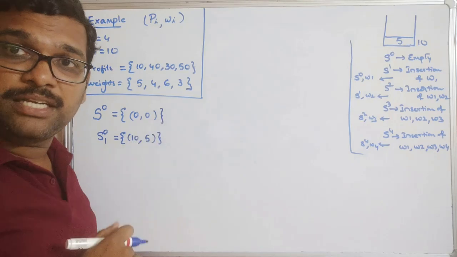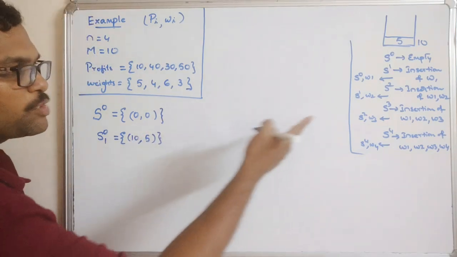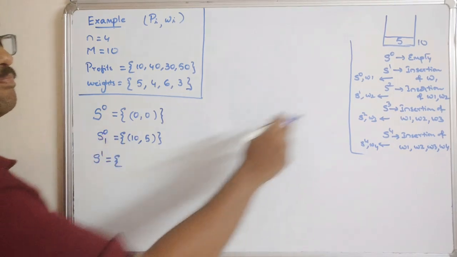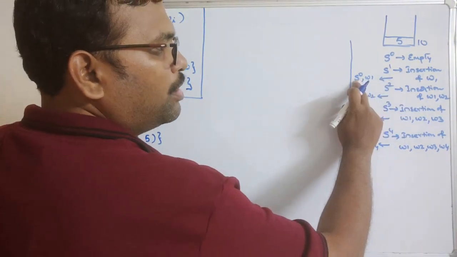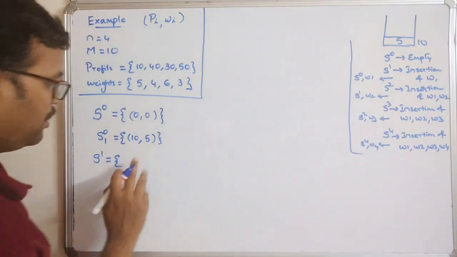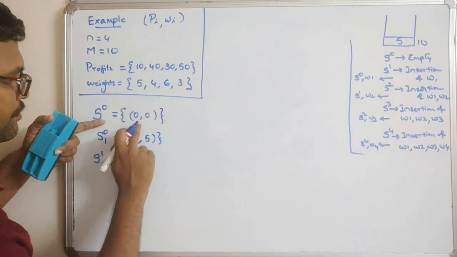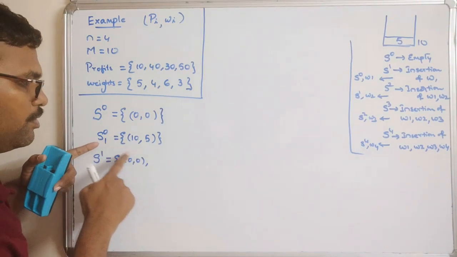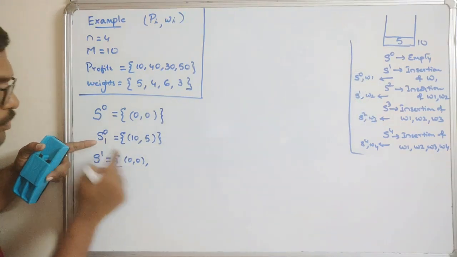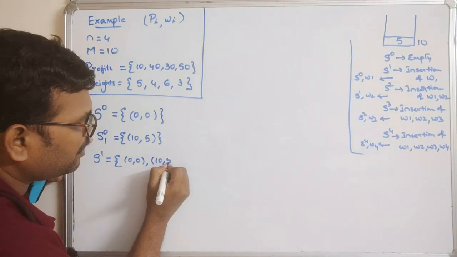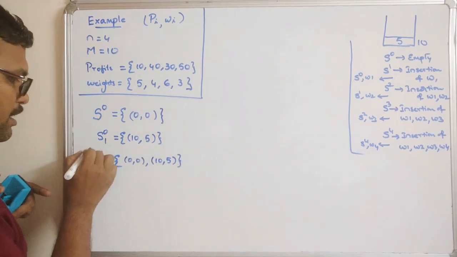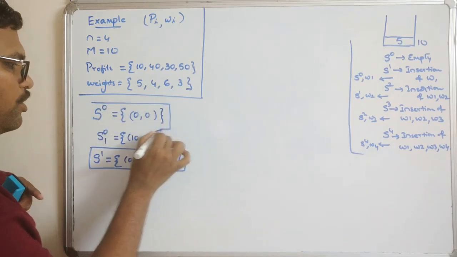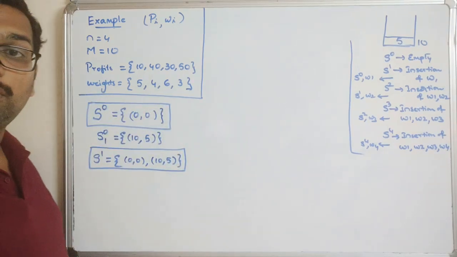Okay, we have inserted. Now what is S1? S1 will be, what is S1? S0 and W1. So S1 means, S0 means 0, 0. W1 means after insertion of one thing. So we are getting 10 and 5. So this is S1. Remember this one. And this is S0.